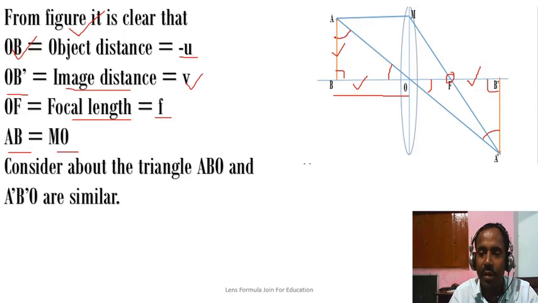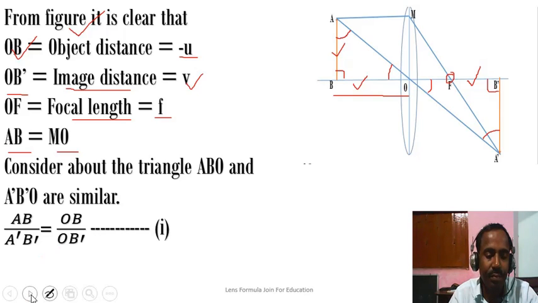So, triangles ABO and A dash B dash O are similar, therefore the ratio of the corresponding sides will be equal. So, AB by A dash B dash equals OB by OB dash. This is equation number 1.